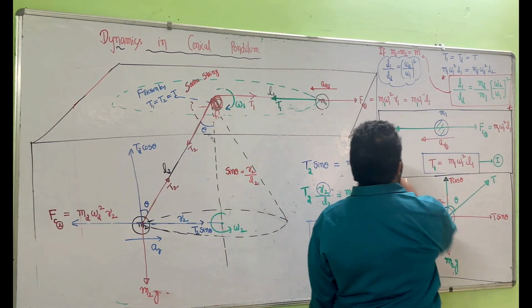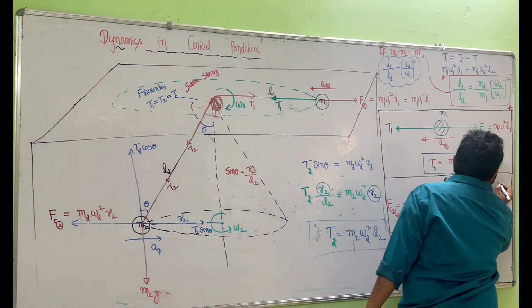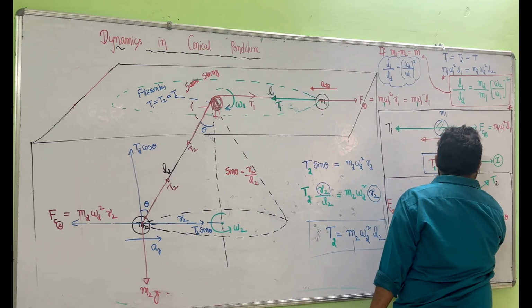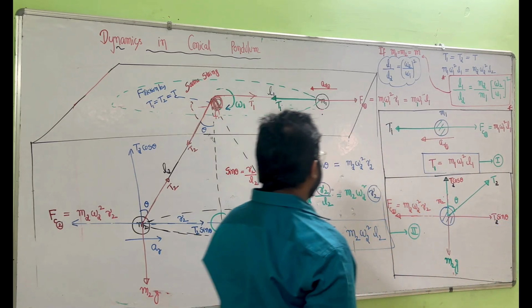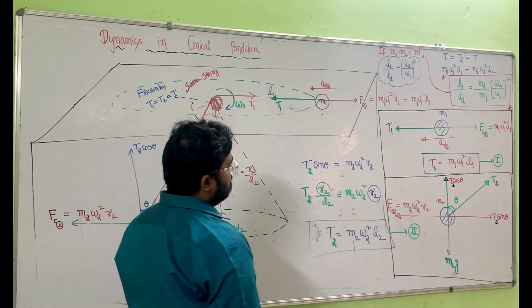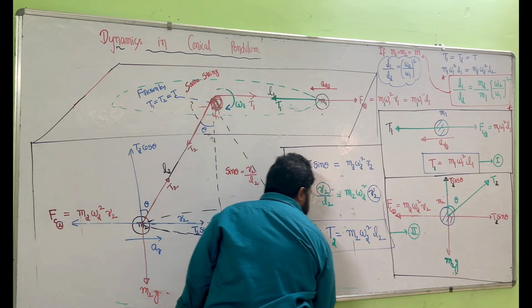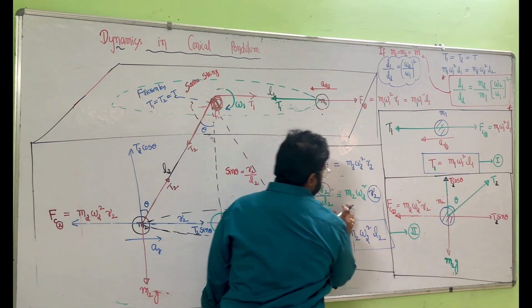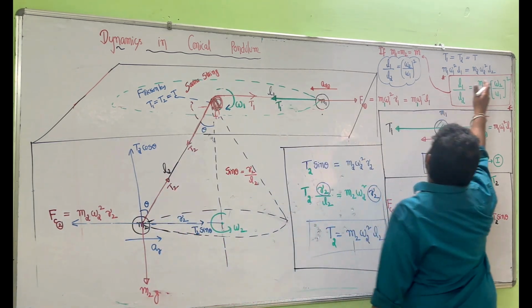Same string here. This may be T1. This you can write T2, that is also T. T1 equal to T2. Clear? So this is the way to apply equilibrium equations. Corresponding equilibrium equations, solving these two equations.